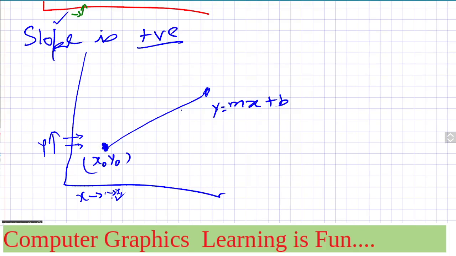So consider this is xk yk, something which has already been displayed. Or you consider it x0 y0 only, no problem. Then you have to decide what will be the next position to be displayed. Either it will be x1 and y0 itself, or it will be x1 y1. x1 has to increase, that is well known. Either y will remain as it is or y has to increase, that is the thing.